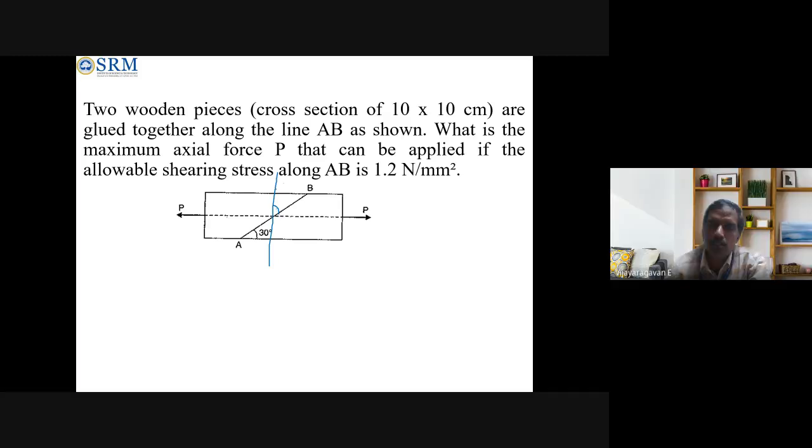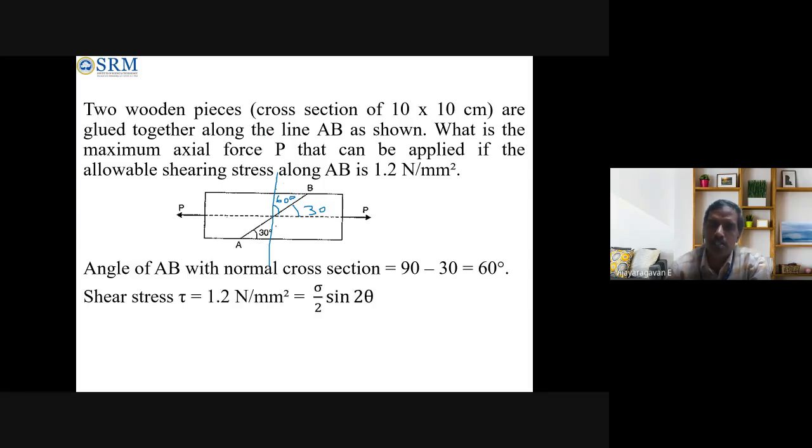If this is 30, this angle will be 60 degrees. So we need this angle 60 degrees, and along with the normal cross section, the angle of the given plane is 60 degrees.